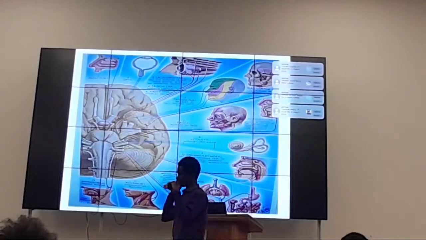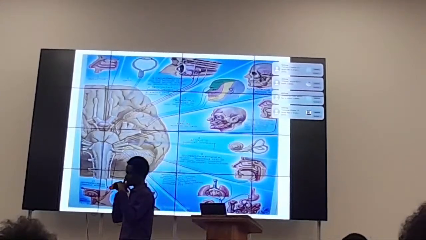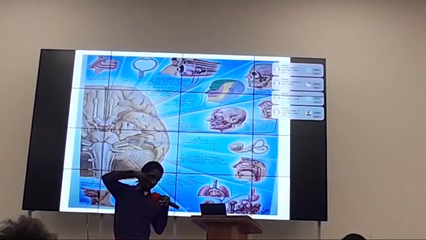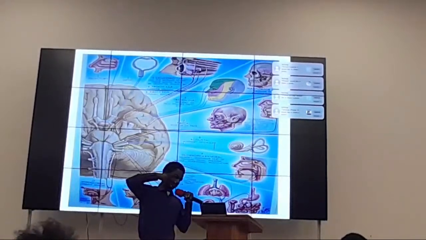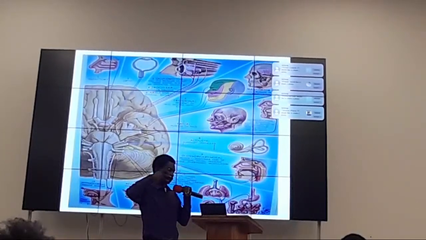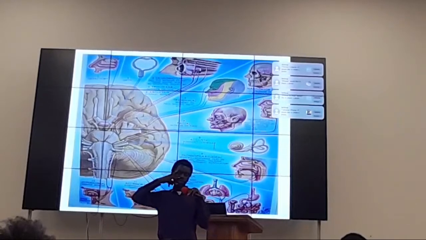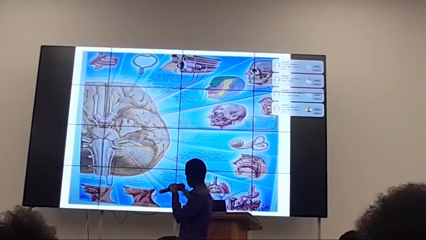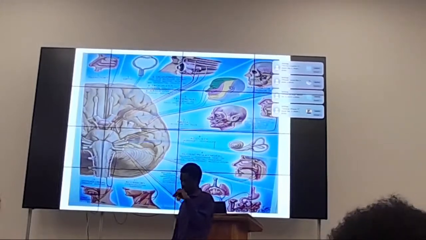So if you go like this, ophthalmic to the eye, maxillary to the maxillary region of the face, and then mandibular to the mandible, the lower jaw. Okay, so that is the trigeminal.